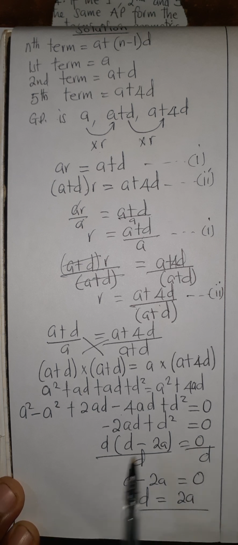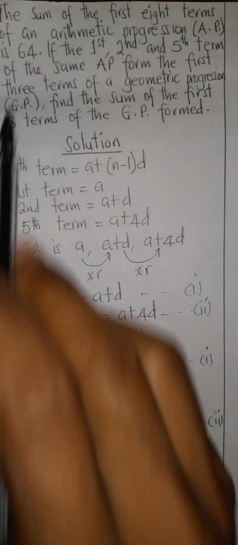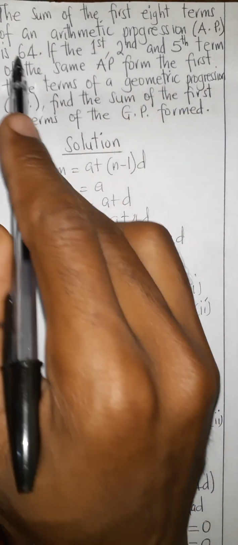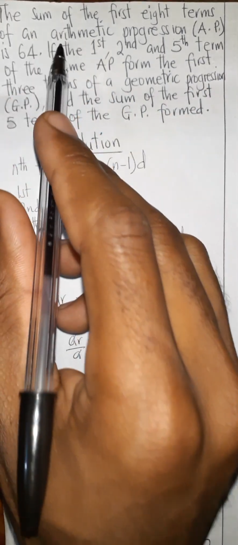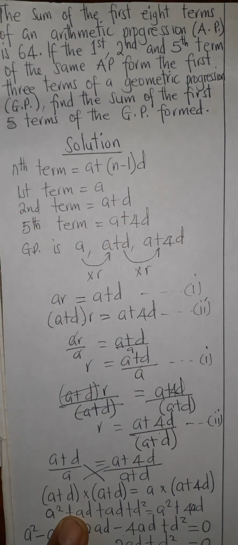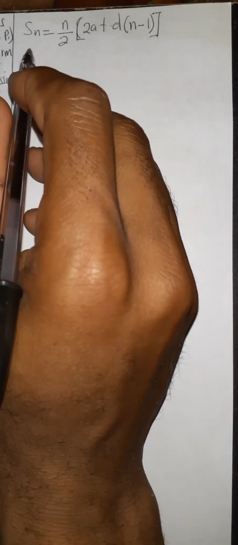So the question we are solving says that the sum of the first 8 terms of an arithmetic progression (AP) is 64. We are going to find the equation for the sum, given that we don't know the first term and the common difference. The formula that we use is this one.